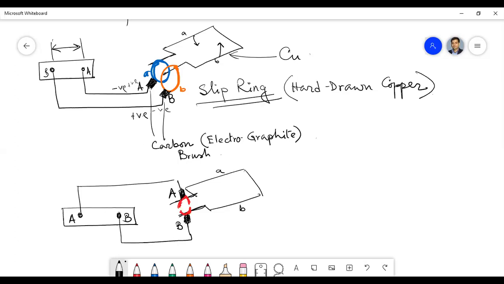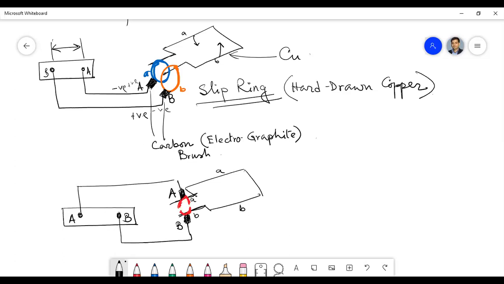Now here the thing is a little different. Suppose these are the two halves of the ring. So this is the A half of the ring and this is the B half of the ring.